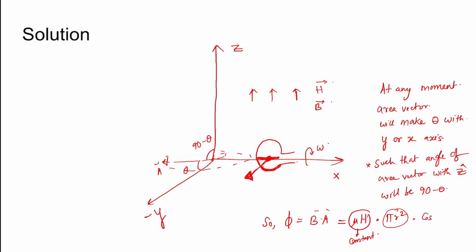So flux as a function of time can be written as mu h pi r square into sine theta. Now what is theta? Theta equal to omega t. So theta is a function of time.